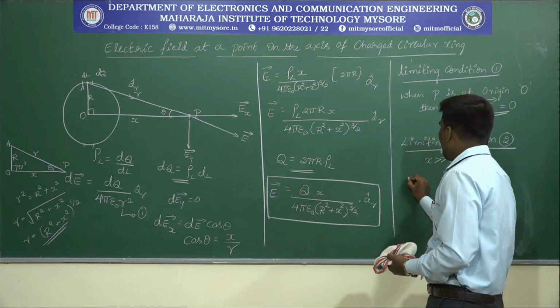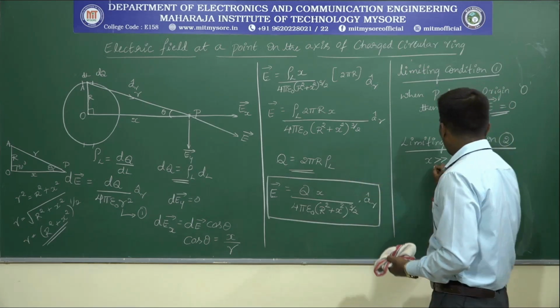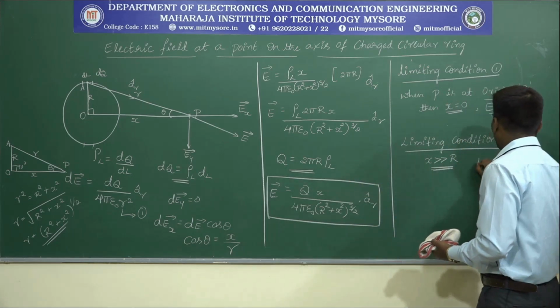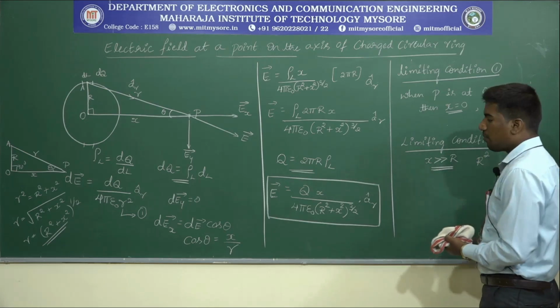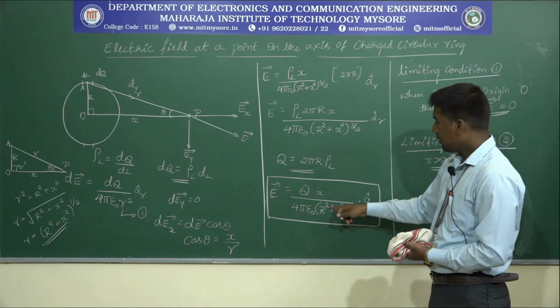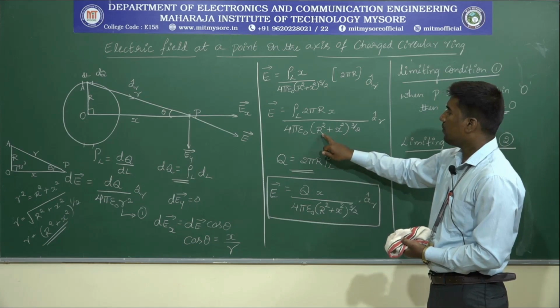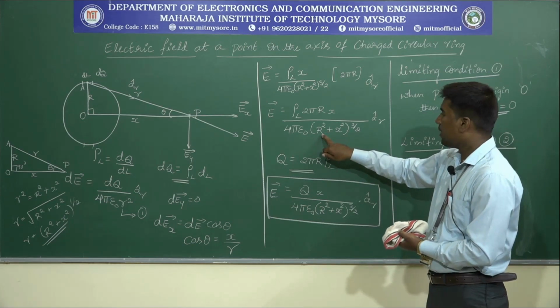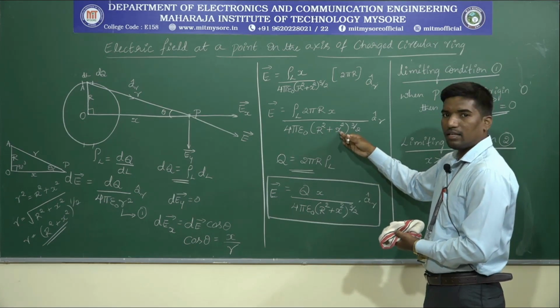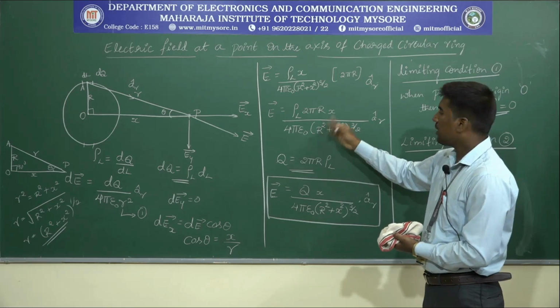What will happen? Therefore, when this condition occurs, we need to neglect the r square component here. In this equation, if we neglect the r square component, because x square is very much larger than r square, we can neglect this.